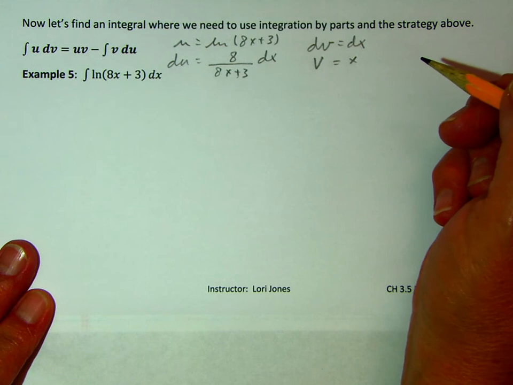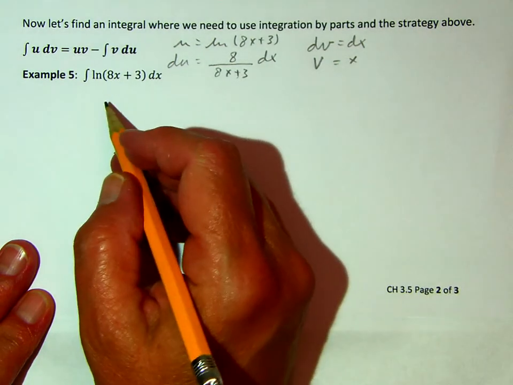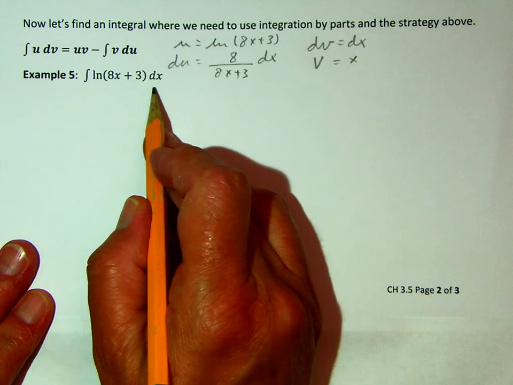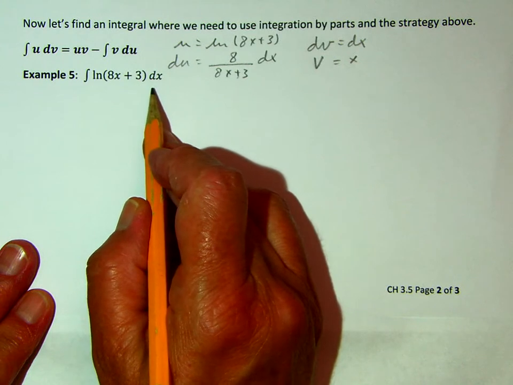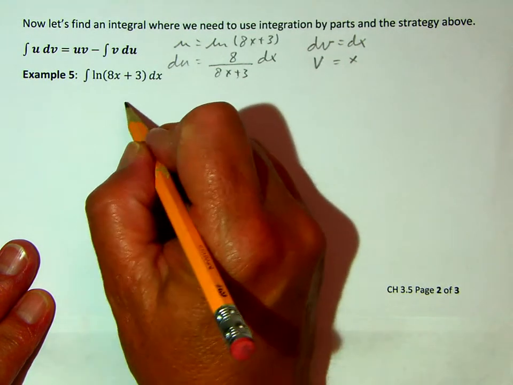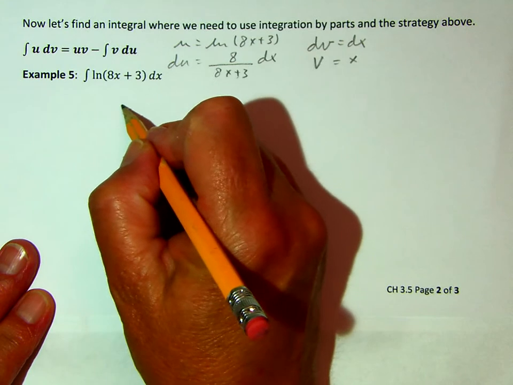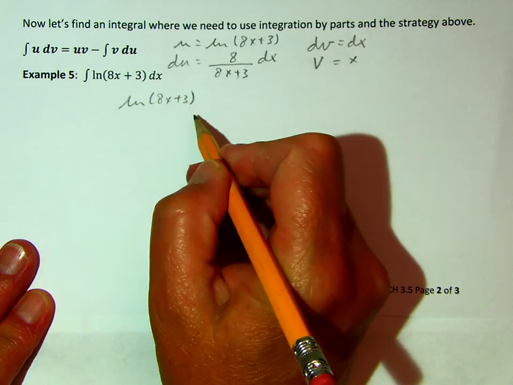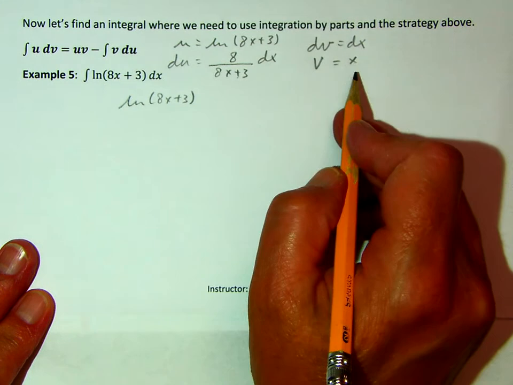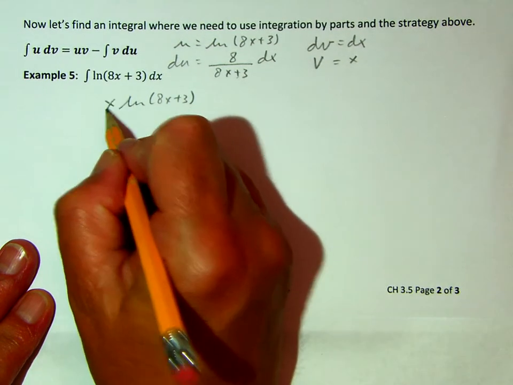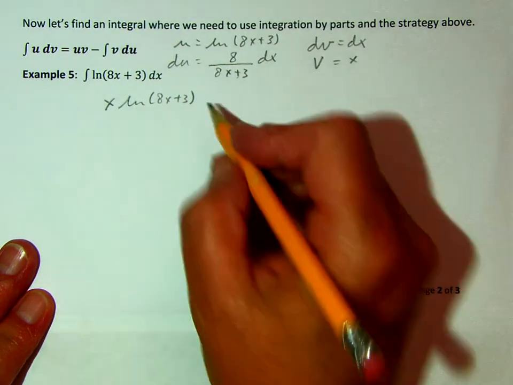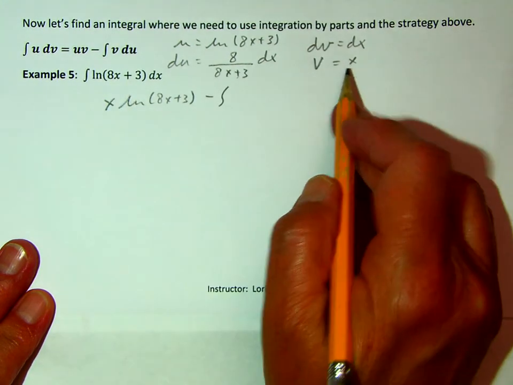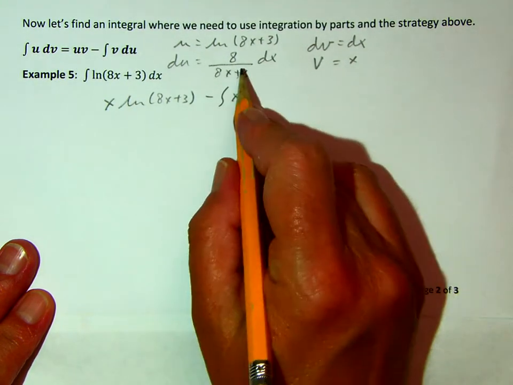So let's go ahead and do our substitution here. So the integral of the natural log of 8x plus 3 dx would be u times v, and v is x. I'm going to write it out front because that's how we usually write it, minus the integral of v du.